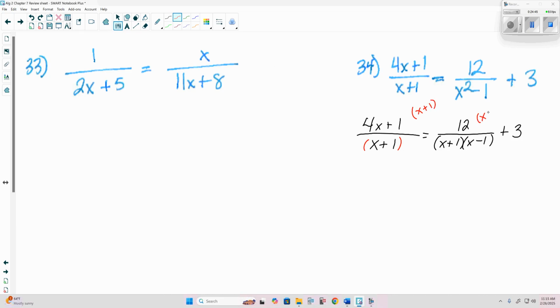So the first thing we can multiply everything by is x plus 1. On the far left side, the x plus 1 and x plus 1 would cancel. In the middle, the x plus 1 and x plus 1 will cancel. Now, unfortunately, with the 3, since it doesn't have a denominator, nothing's going to simplify.